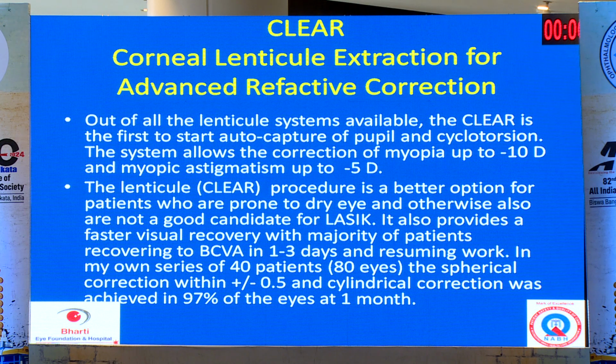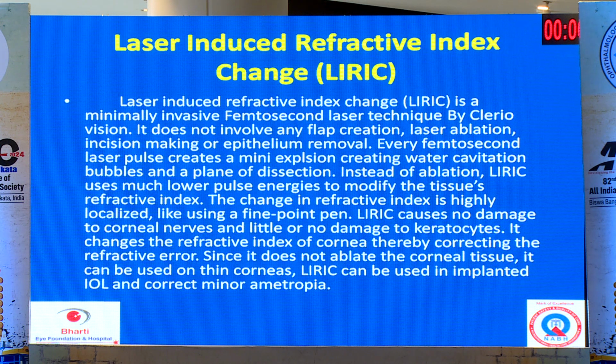The new thing which has come in lenticule procedures is auto centration of the pupil, auto capture of the pupil, and also auto capture of the cyclotorsion like in excimer laser. The correction of astigmatism is also good: up to 5 diopters of astigmatism you can correct with great accuracy, and most of the time the patient resumes work in about 3 days.